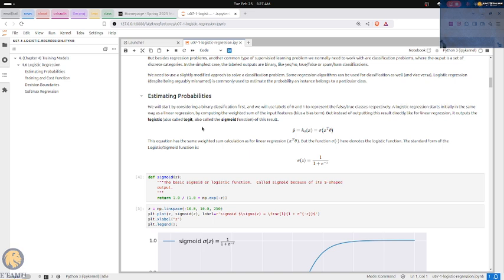So these are both multi-dimensional vectors or arrays, but really this is just multiplying each input times whatever the theta parameters are, and then the sum of those, so you get one number.